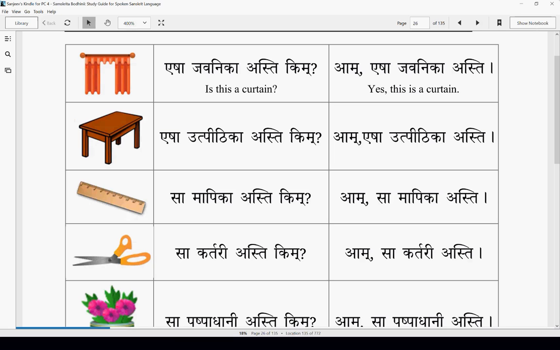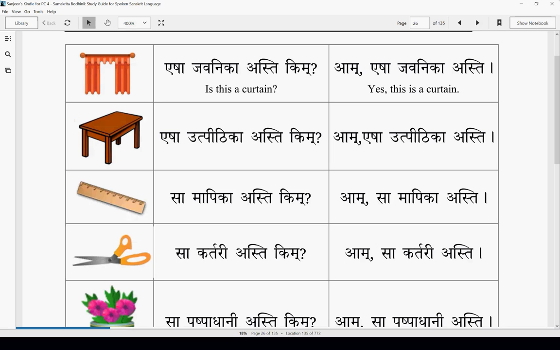So here we are using the words which are in Strilingam. There are two types of Strilinga words which we are focusing on mainly here. In the Pullinga words we are becoming familiar with the words ending in a and visarga, like ghataha, gajaha, deepaha, moshakaha. So here in the Strilingam we are focusing on two types of words. One type is ending in a, like javanika.